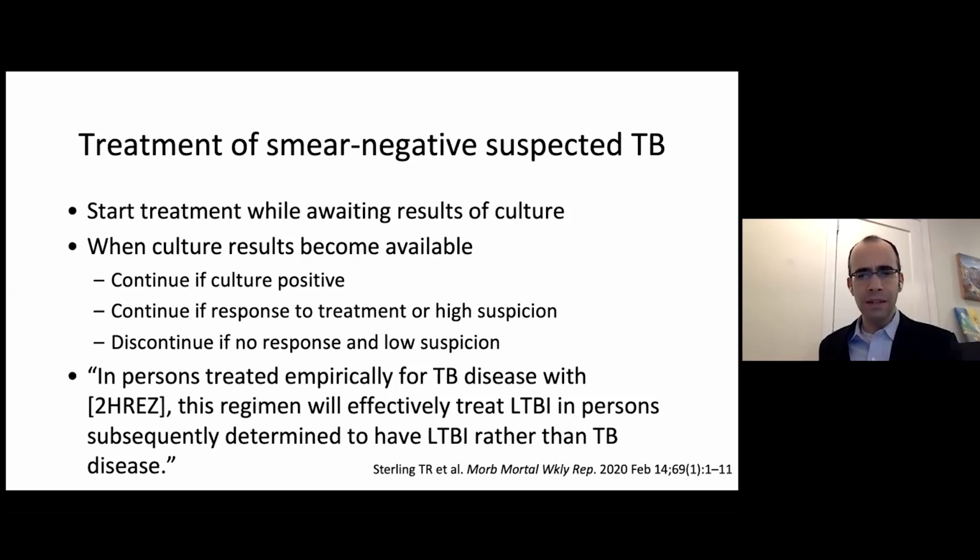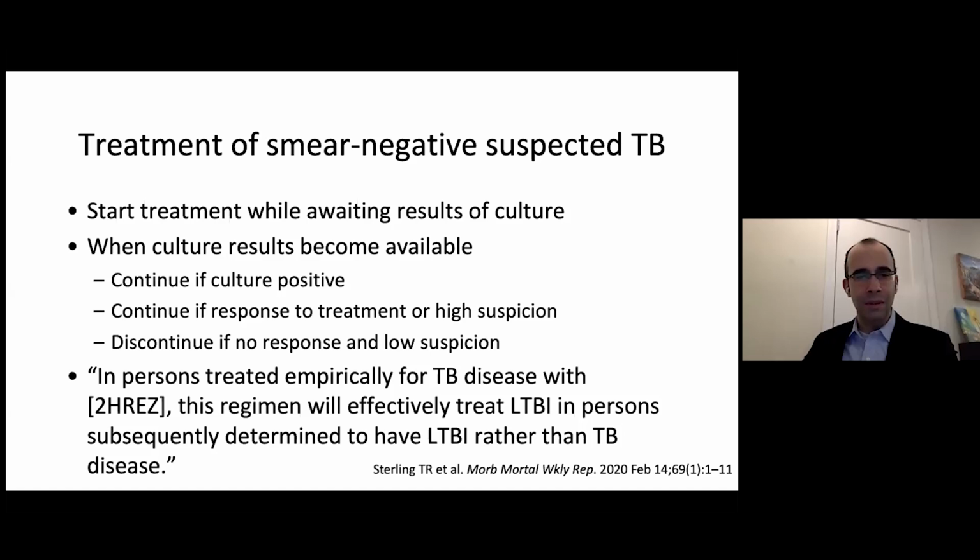If there's no response and for some reason you've arrived at a different diagnosis and have low suspicion for TB, then you can stop. I'll mention here, and I put the quote there at the bottom from the CDC, in patients who were treated empirically for TB disease and received the initial phase, the 2 months of 4-drug therapy, that in itself will effectively treat latent TB infection in patients who are subsequently determined to have latent as opposed to active disease.